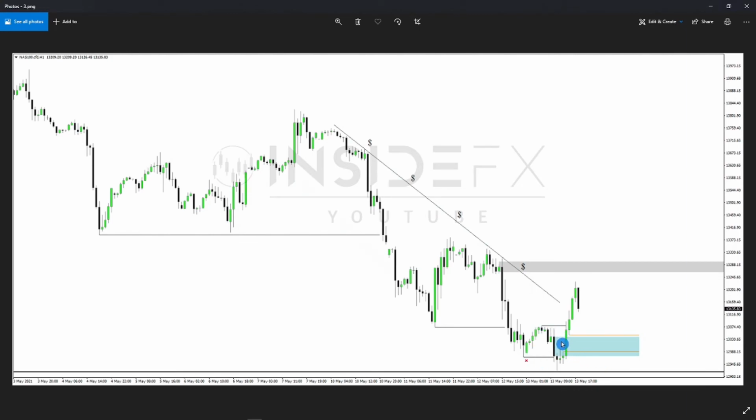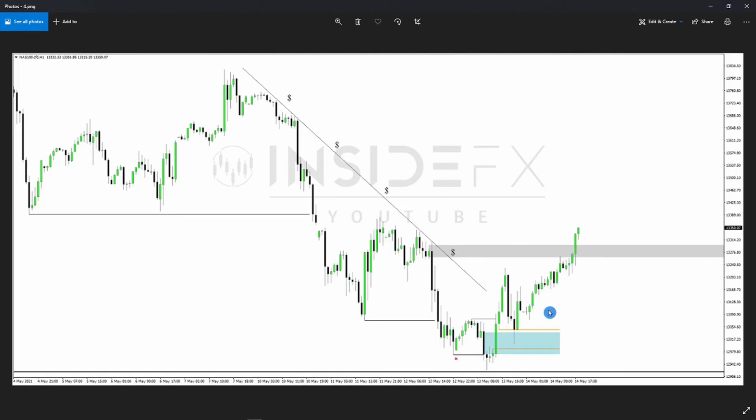Then price broke out here, so then price retraced. You can see me marking out the order block, which is the blue, and then the orange, that would be the void that price had to fill in. And you can see there's the after, right?